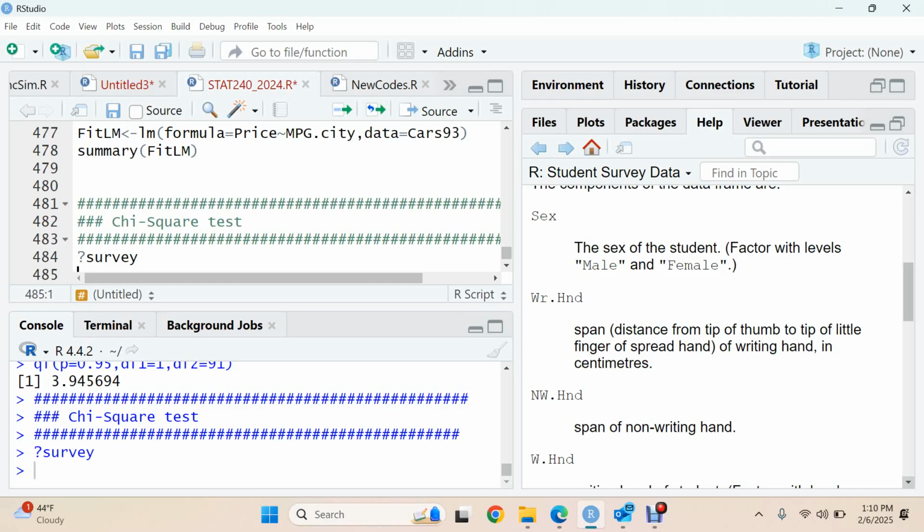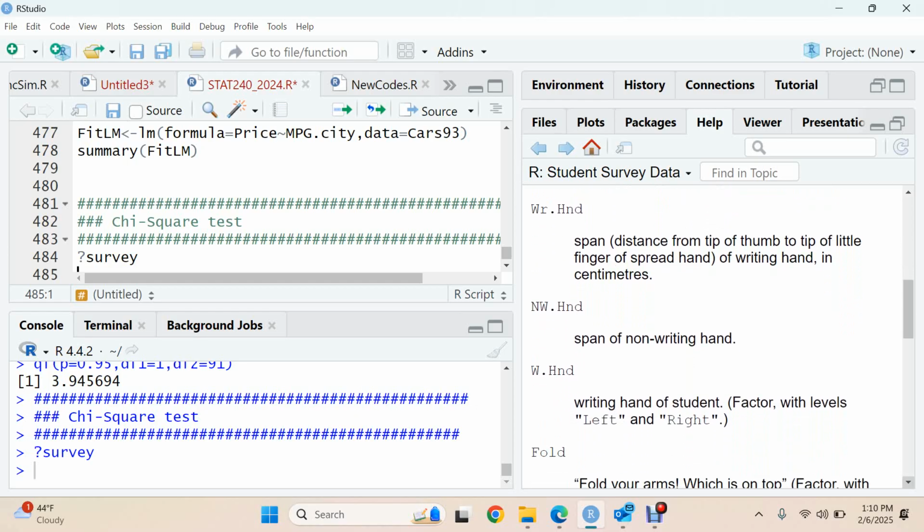Span is not categorical, it's quantitative. Span of the non-writing hand. W.Hnd is the writing hand of the student. That is also categorical. You either write with left or right. You cannot be writing with both right and left at the same time.